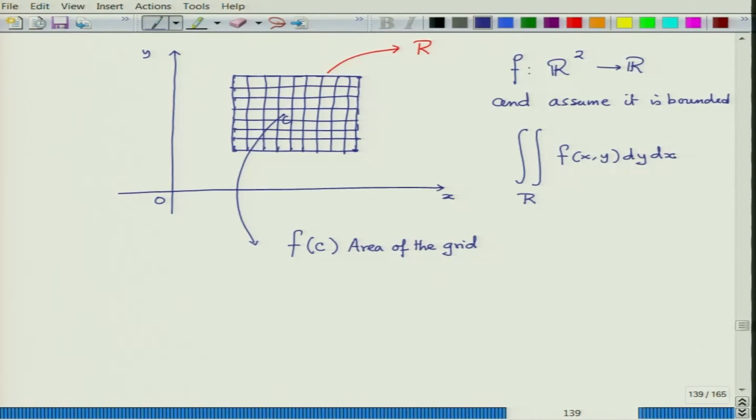It is exactly the partitioning process that we see for Riemann integration, and that partitioning process we will explain now in much more detail.